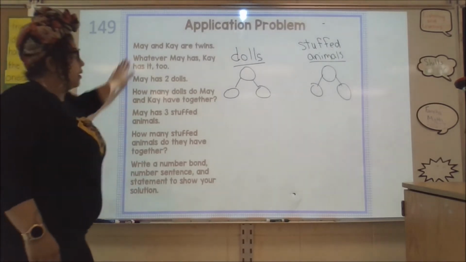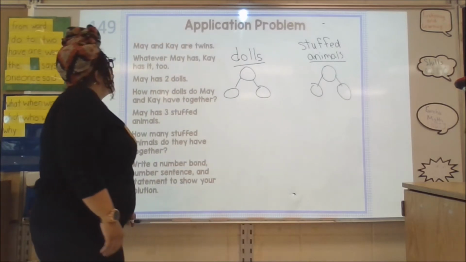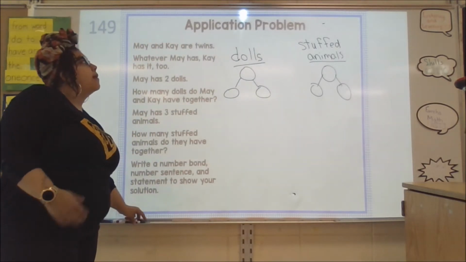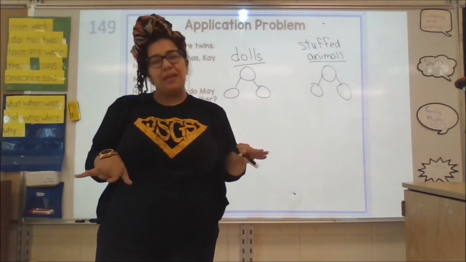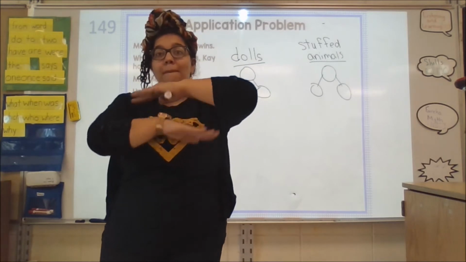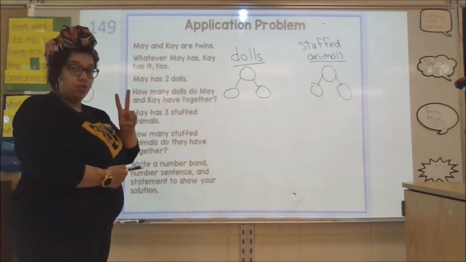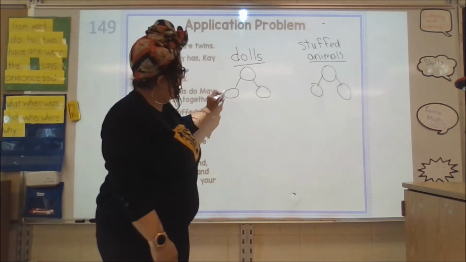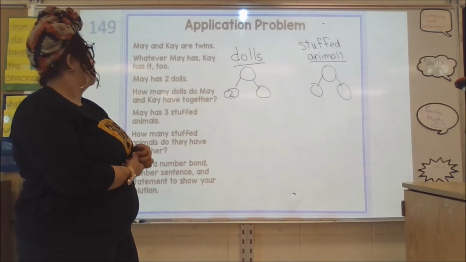Alright, here we go. So, it told us in this question, let's go back through the information. May and Kay are twins. Whatever May has, Kay has too, which means that not their people are the same, but their belongings, their things are the same, equal, matching, okay? It tells us that May has 2 dolls, which is a part. We'll add that to our number bond.